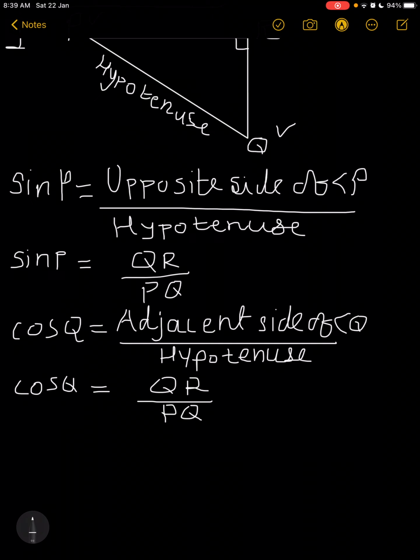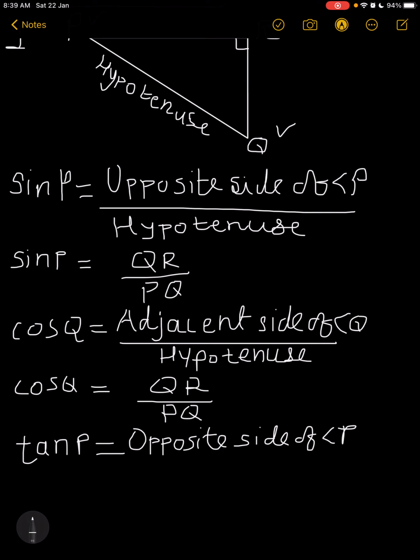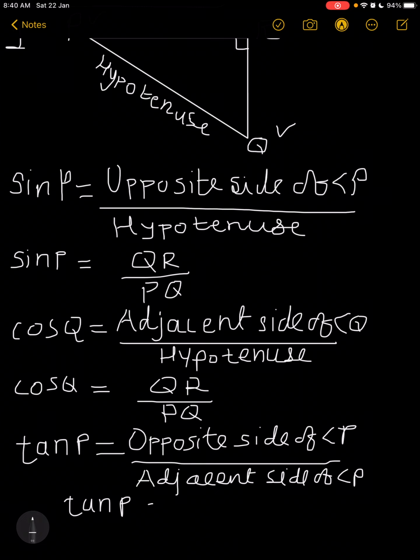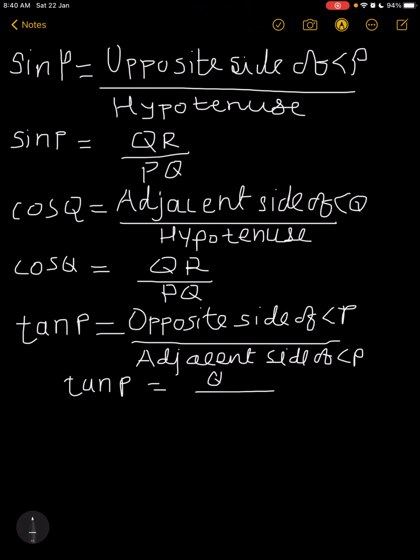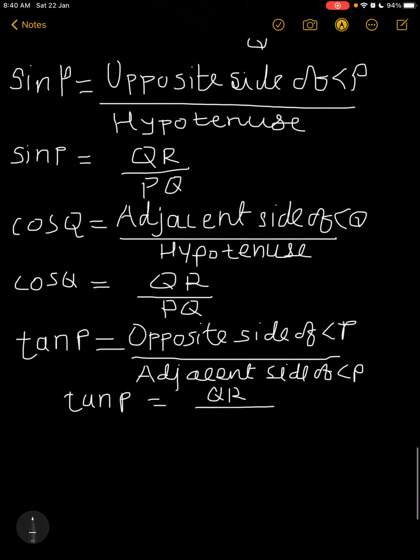Now the third ratio is tan P. Let us find out the third ratio tan P. The letter P is for angle P. The definition of tan is the division of the opposite side of angle P with the adjacent side of angle P. This ratio becomes tan P. So for angle P, the opposite is QR and the adjacent is PR.